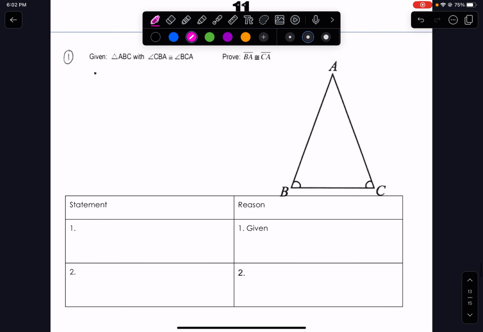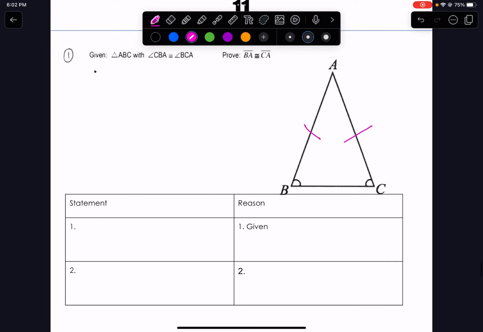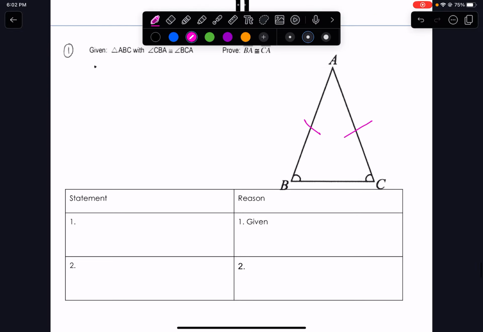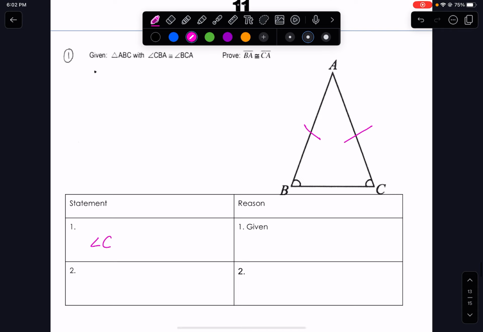So now the next one, triangle ABC with angle CBA congruent to angle BCA. Prove BA is congruent to CA. Now you can see this is a very short proof. We know that angle CBA is congruent to angle BCA.